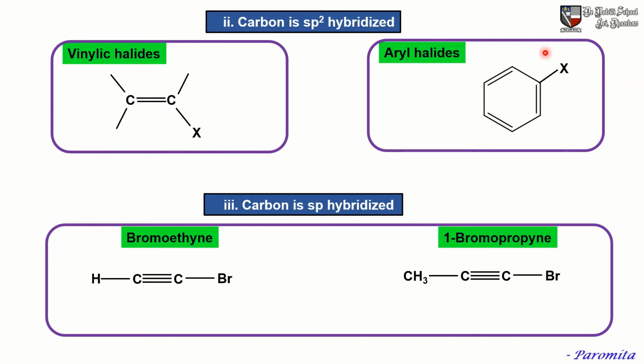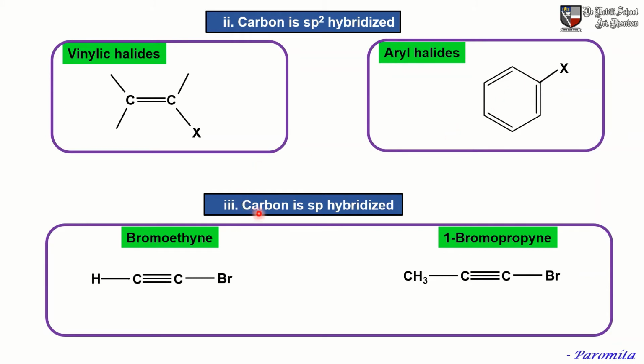Aryl halides. In aryl halides, this halogen is directly attached to the benzene ring. Now see, this carbon that is attached to the halogen, this carbon is sp2 hybridized. Now this carbon that is attached to the halogen, this carbon is also sp2 hybridized.